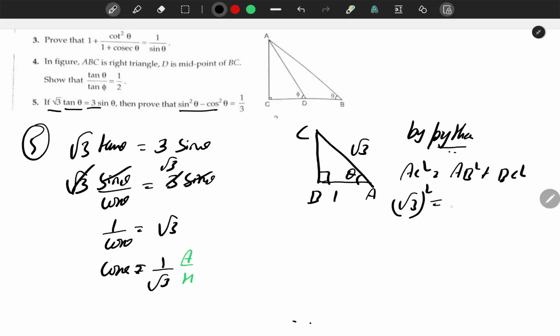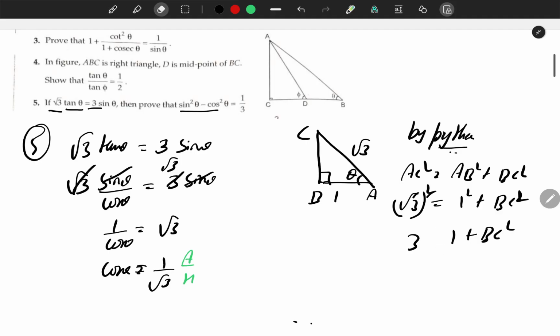AC is root 3 whole square, AB is 1 square plus BC square. So square gets cancelled, 3 is equal to 1 plus BC square. So BC square will be 2. So BC is root 2.